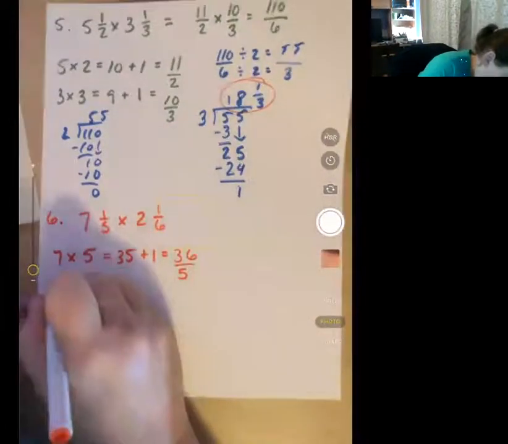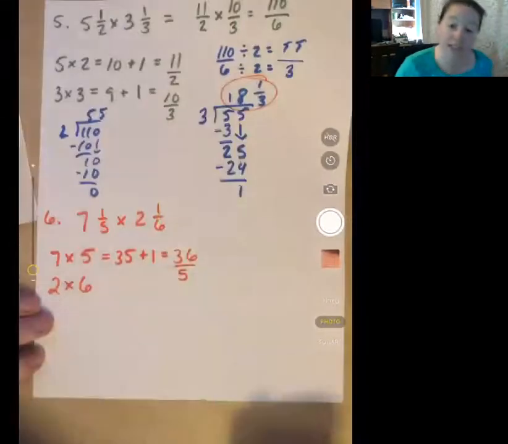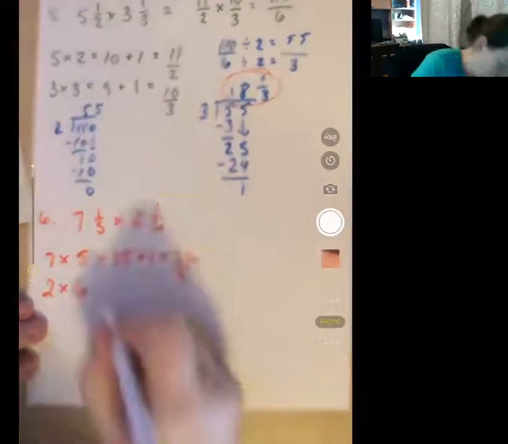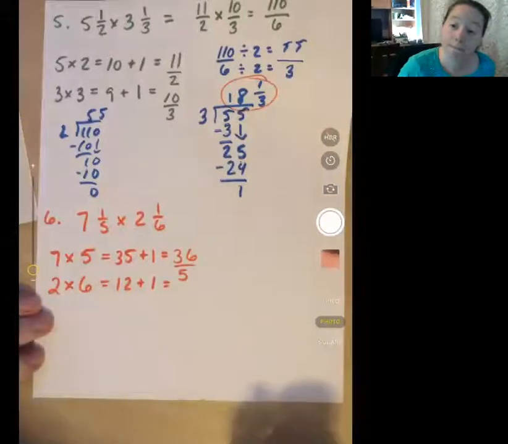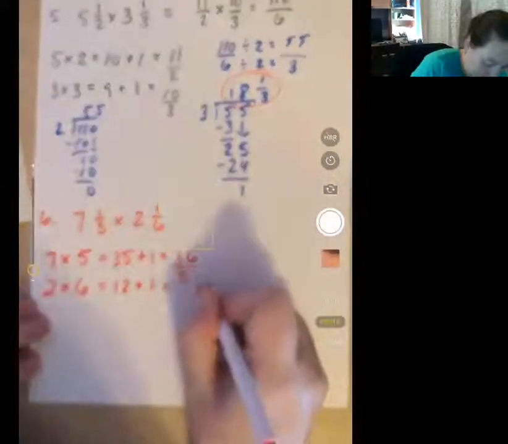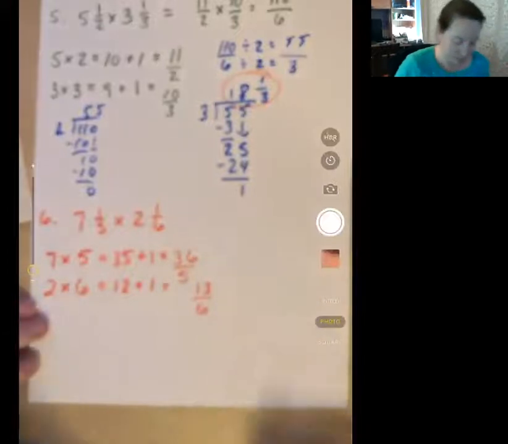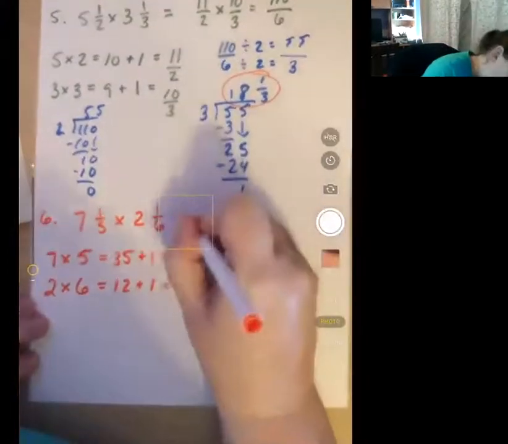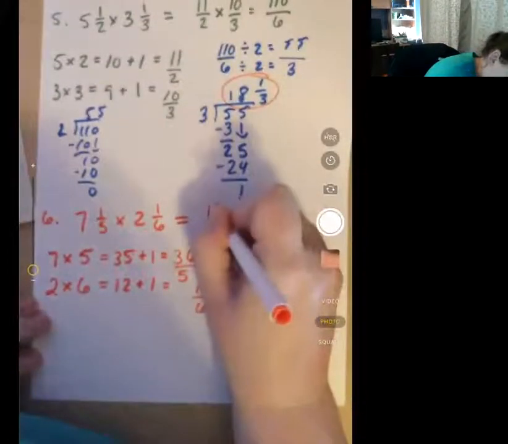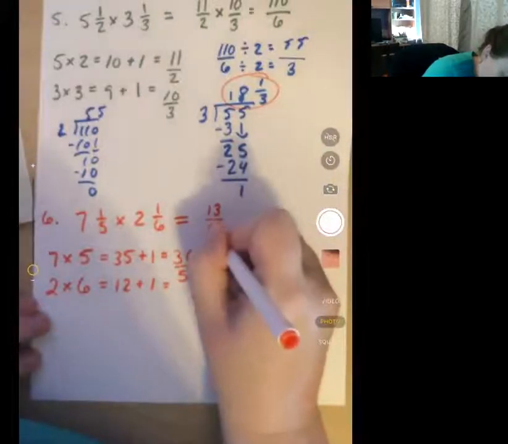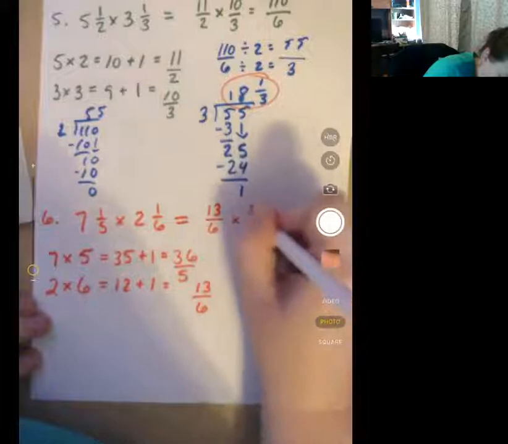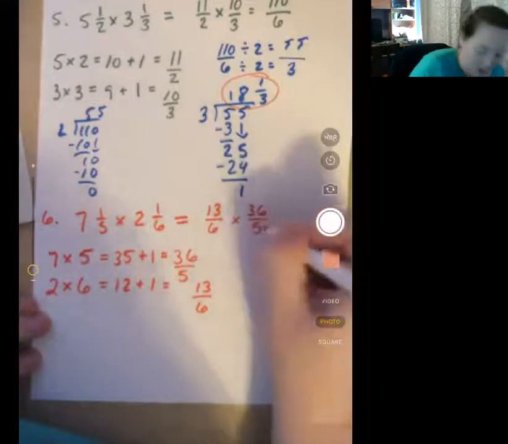Then I have 2 times 6, which is 12, plus 1, which is 13 over 6. So this is equal to, well, I guess that's the one that's going to go first this time. 13 over 6 times 36 over 5.